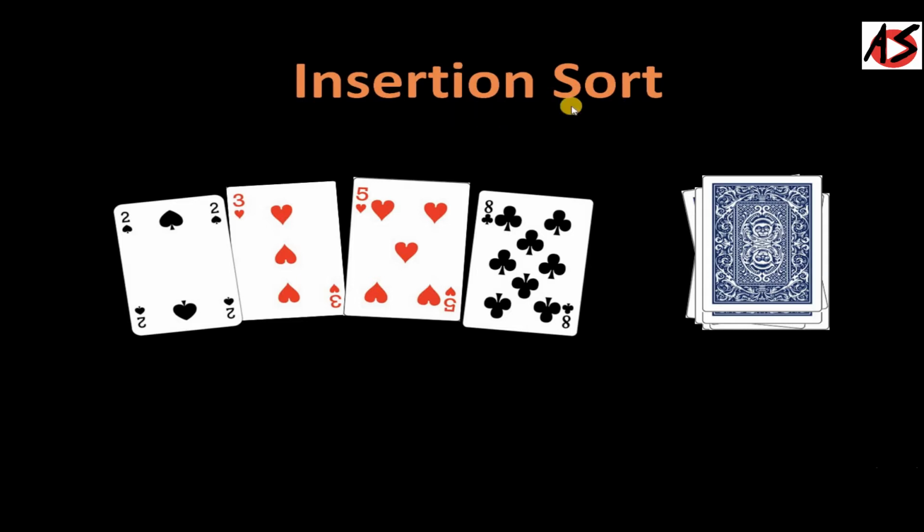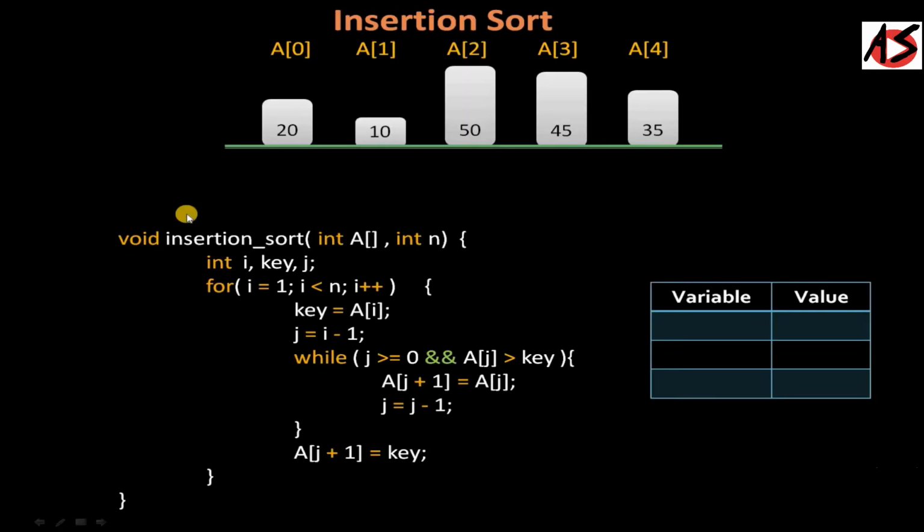So let's see the algorithm of insertion sort in detail. Here we have the elements 20, 10, 50, 45 and 35, and here is the code for insertion sort. Here we have the variables and their values.